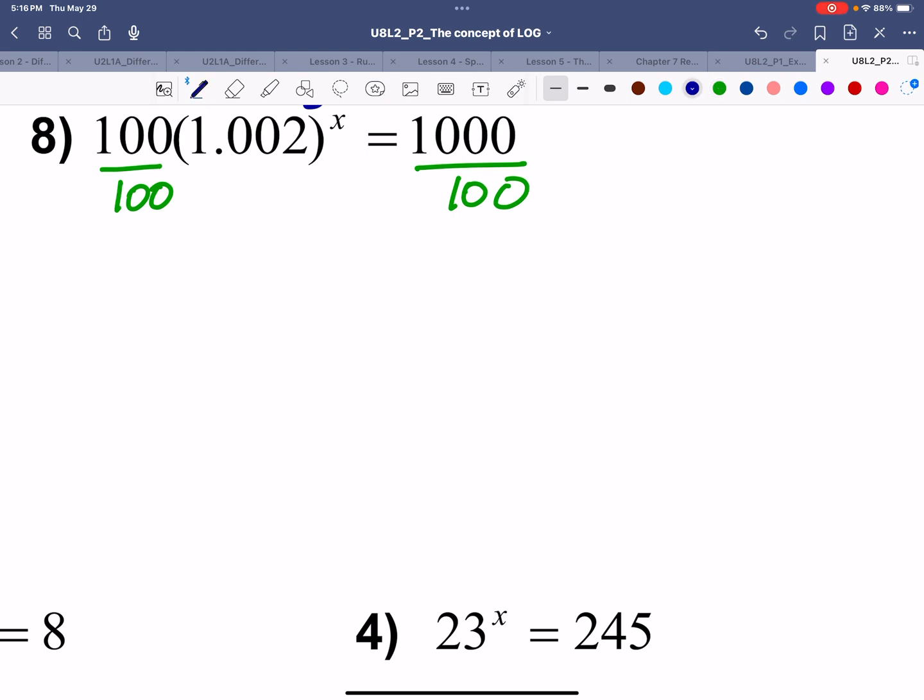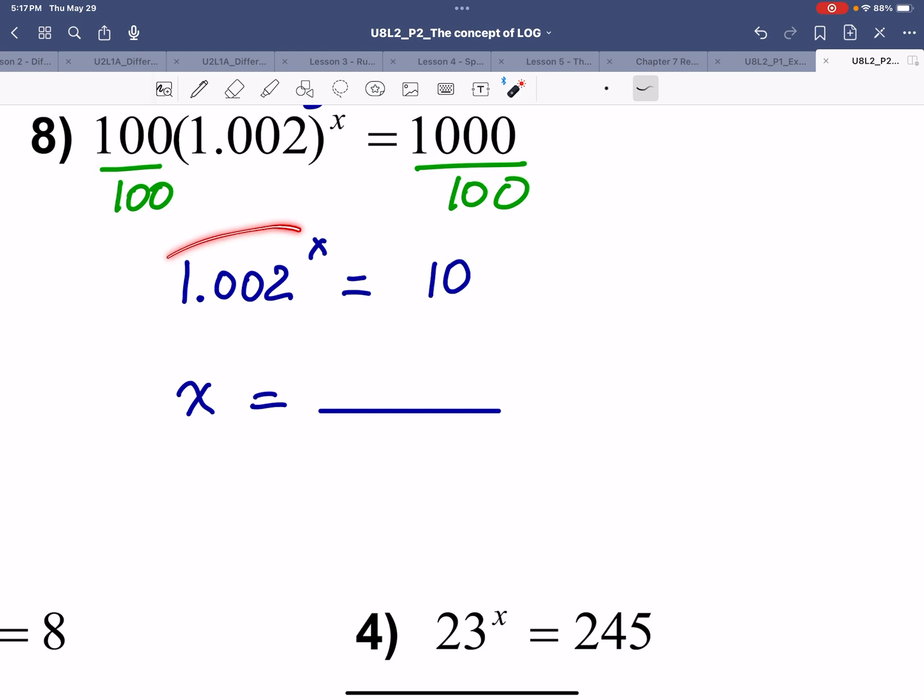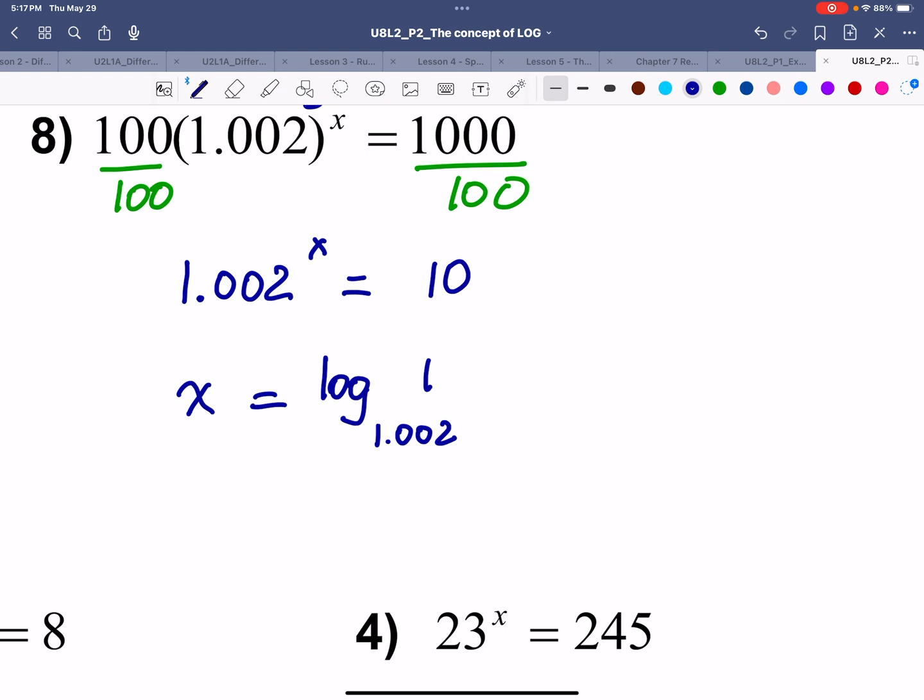And in this way, we're getting closer to our exponent that we're trying to isolate. So 1.002 to the power x is equal to 1,000 divided by 100, which is 10. And again, we are going to convert this exponential statement into a logarithmic statement. So we'll say that x would be equal to the log with base 1.002 of number 10.